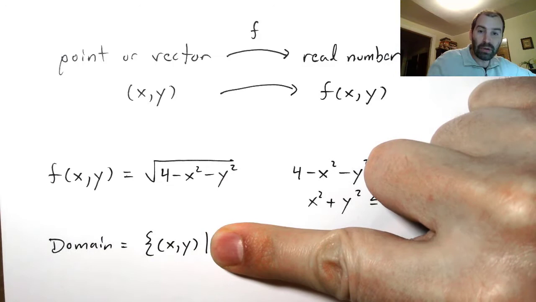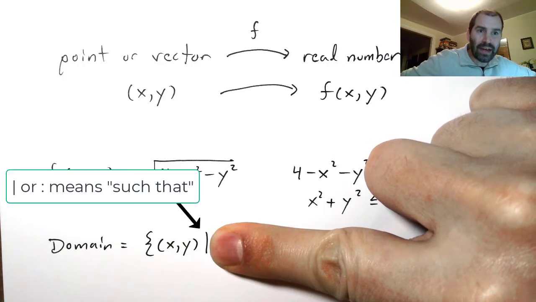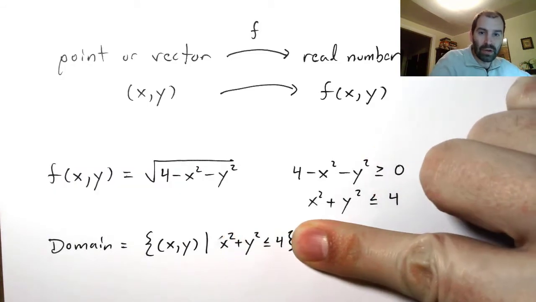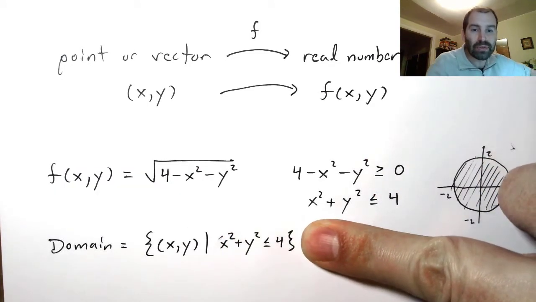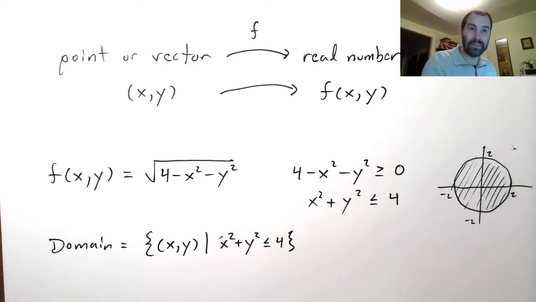And then this vertical bar, sometimes you'll see this replaced with a colon, same thing. This means such that. So I'm looking at all points x, y, such that what has to be true? Well, we need x squared plus y squared to be less than or equal to 4. So that describes this disk precisely.